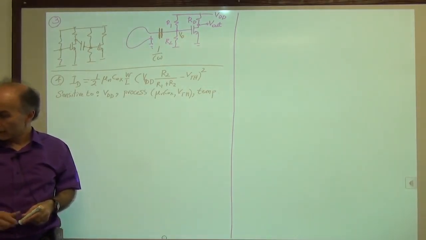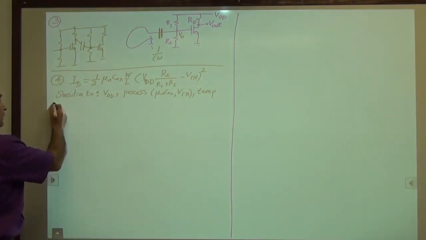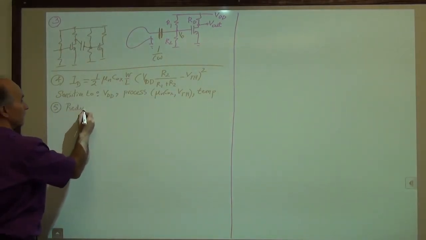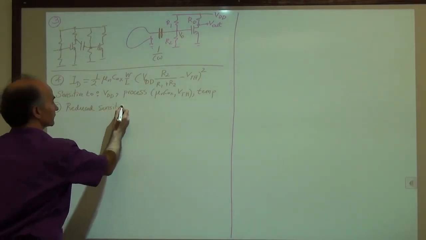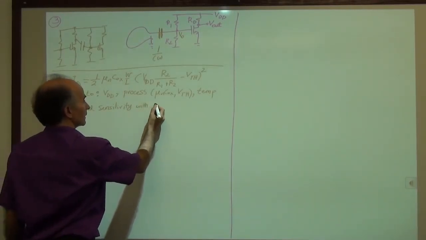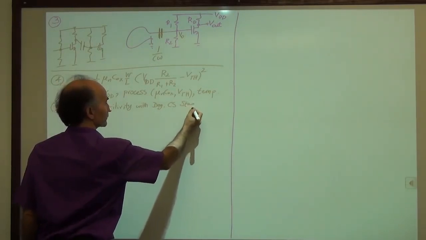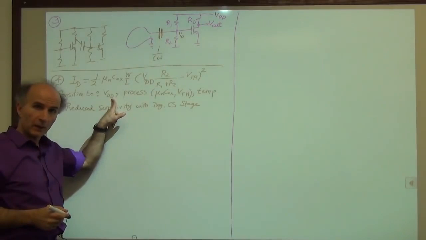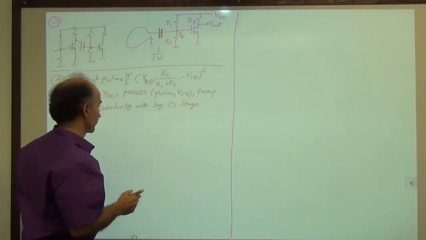All right, now that we made these observations, let's look at the common source stage with degeneration, for reduced sensitivity. To alleviate these problems, we will use a degenerated common source stage here.